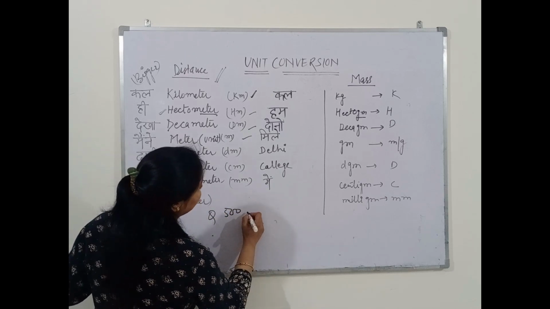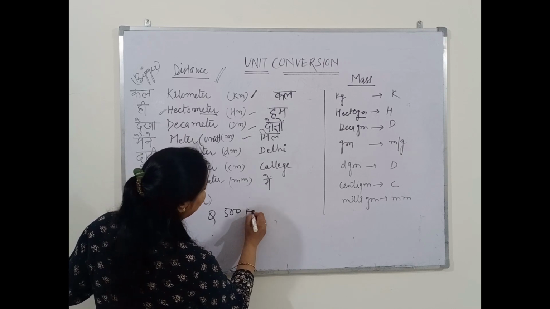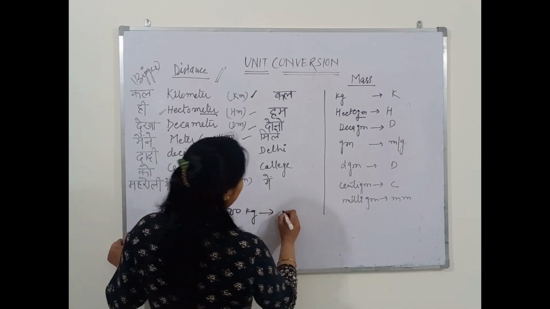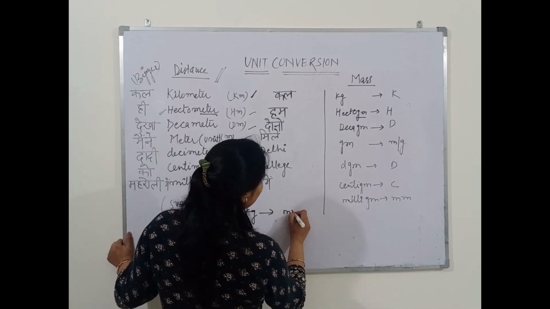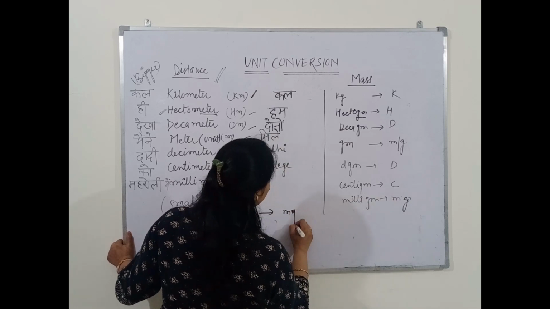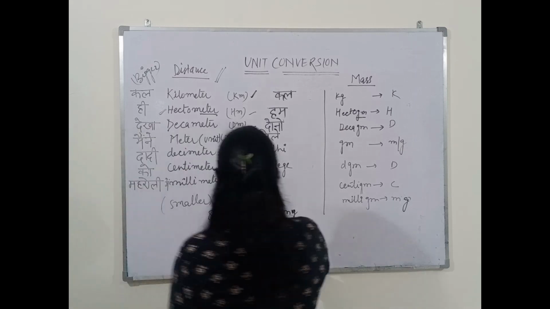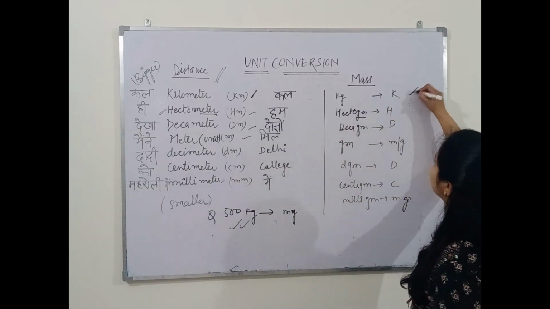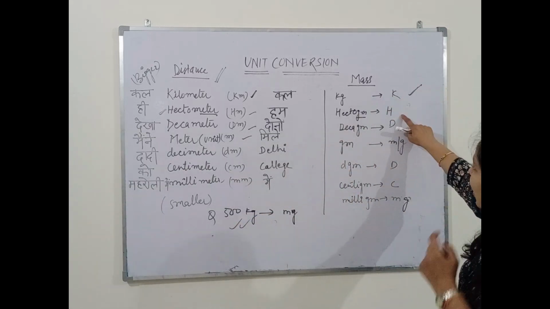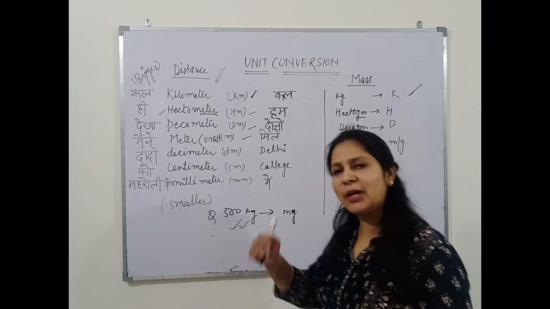500 kilogram into milligram. Then what will you do? It's a kilogram. Kilogram is here. Now milligram: 1, 2, 3, 4, 5 and 6. 6 steps down.